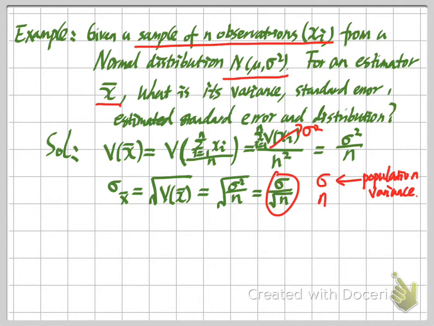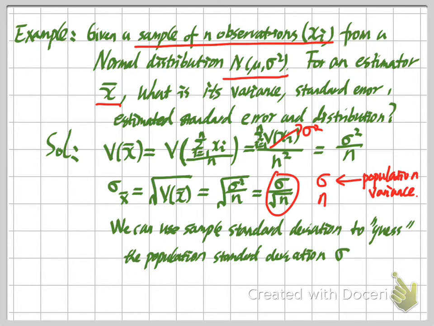The sample standard deviation, we generally denote by S. So we will compute the estimated standard error of our x bar, which is equal to S over the square root of n.